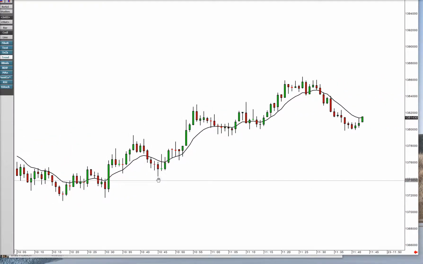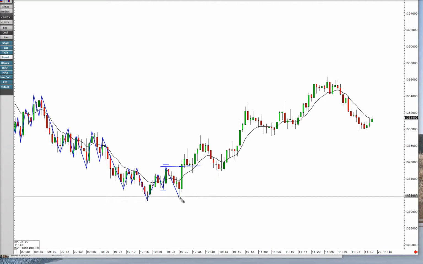And if you notice, ever since that U-turn, higher high, higher low, higher high, higher low, higher high, higher low. I'm skipping a few minor swings in there, but you get the point.